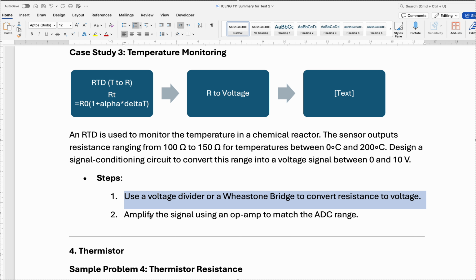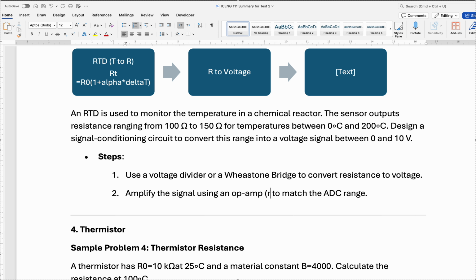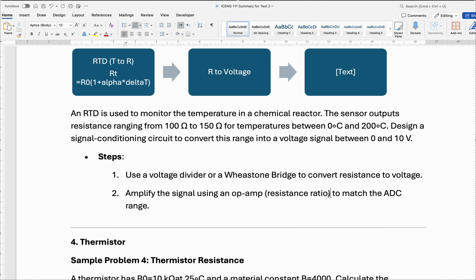And then I can amplify the signal if I feel that the output voltage is very high. So I need maybe an operational amplifier. And remember that with operational amplifiers, I take the resistance ratio so that I can identify the amount of the amplification.